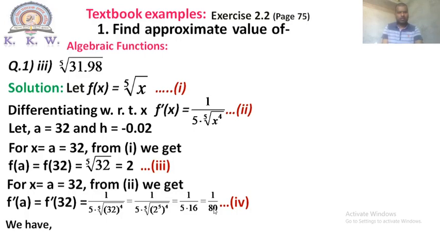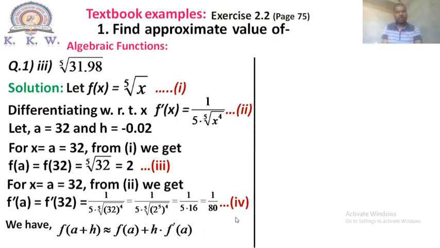Now putting the values of f of a, f dash of a and h in the formula of approximation, f of a plus h is approximately equal to f of a plus h into f dash of a. Therefore, f of 32 minus 0.02 is approximately f of 32 plus minus 0.02 into f dash of 32. f of 32 is 2, f dash of 32 is 1 upon 80, and h is minus 0.02.